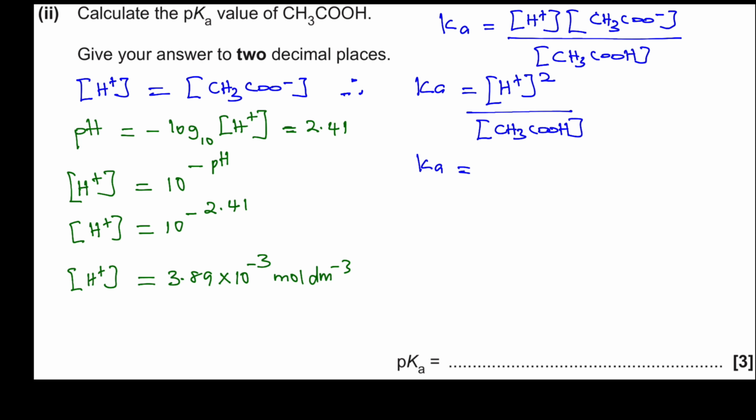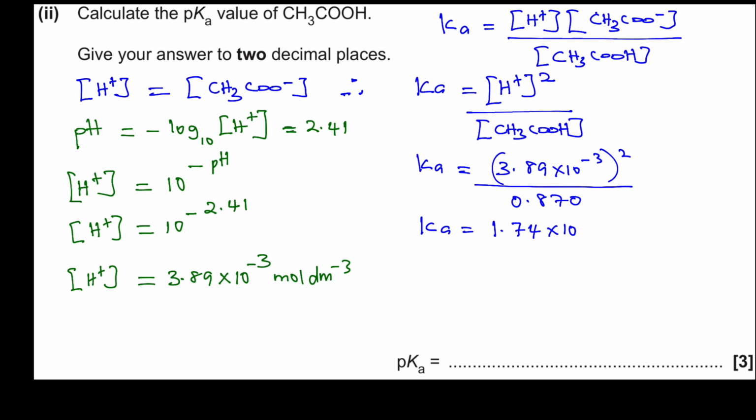Ka will be the concentration of H+ all squared, 3.89 × 10^-3 all squared, divided by the concentration of ethanoic acid, which is 0.870, and therefore the Ka value will be 1.74 × 10^-5 mol/dm³.